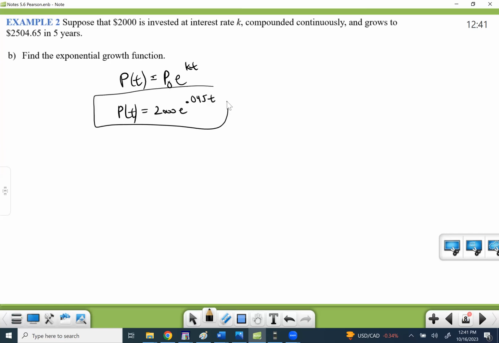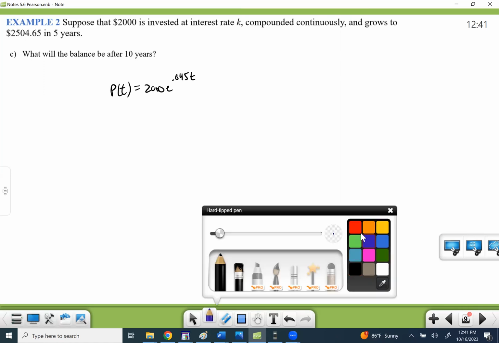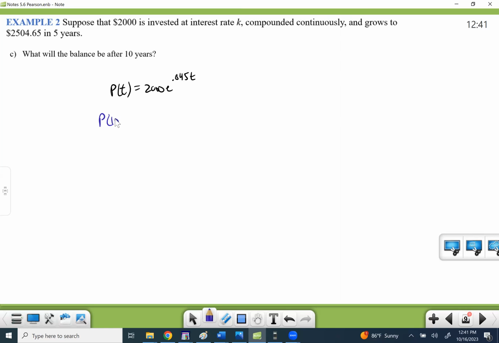So here's a model that somebody could use to find the amount in the account at any given time. And I suspect that that's what we're going to do right now. So we're going to find it after 10 years. So let me just rewrite that. So we're going to substitute 10 in for the T and just go to our calculator.